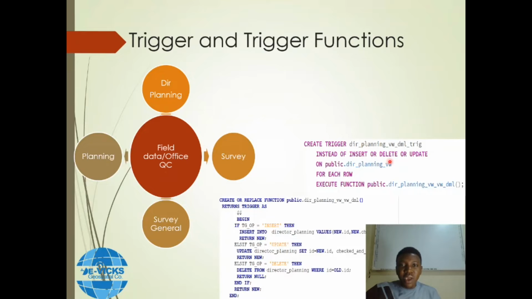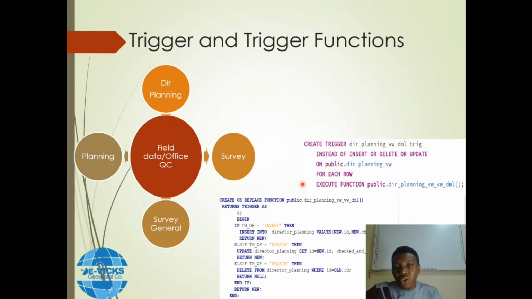As you can see, we have the director planning field, and we have the role to be updated, as well as the information: the insert, the update, as well as the delete from the trigger functions. And I will also emphasize this in property management as well as administration.